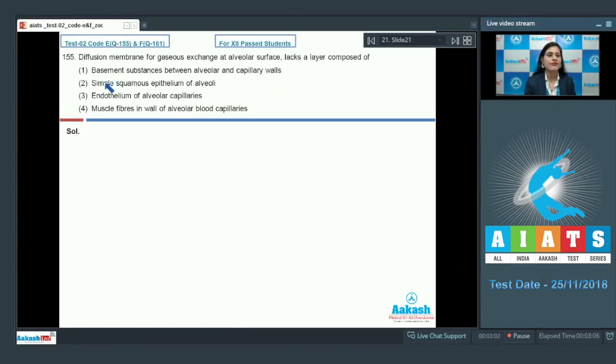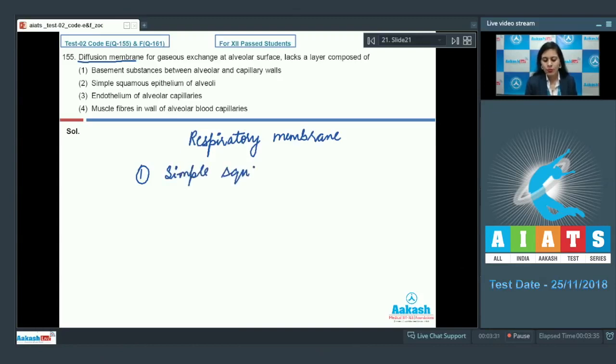Question number 155. Diffusion membrane for gaseous exchange at alveolar surface lacks a layer composed of. And we know that this diffusion membrane or respiratory membrane comprises 3 layers. First layer would be the simple squamous epithelium of alveoli.